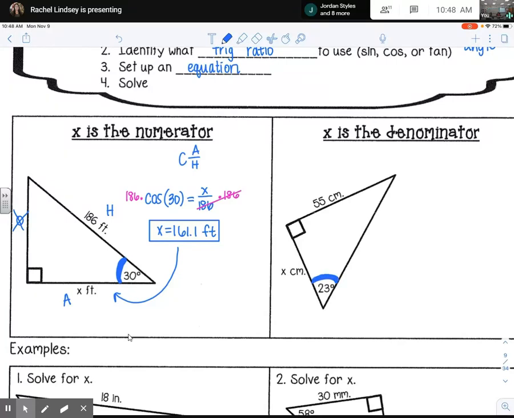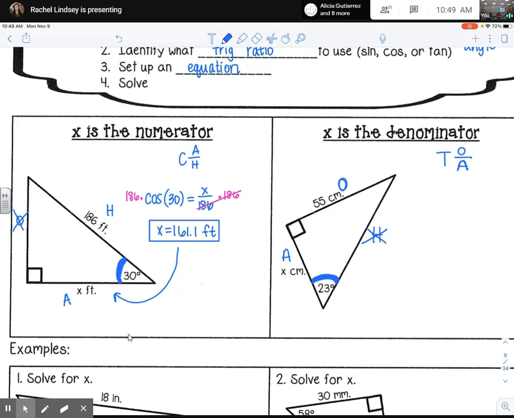Adjacent. And then 55, opposite or hypotenuse? Opposite. And then this will be my hypotenuse, but I don't need that. So I'll have O and A, the only one with that is TOA, so that's what I'm gonna use.